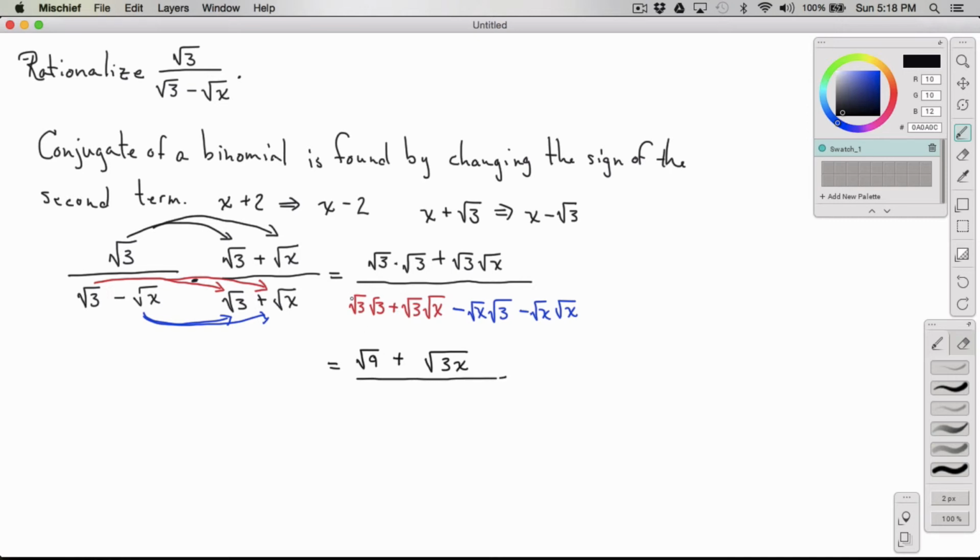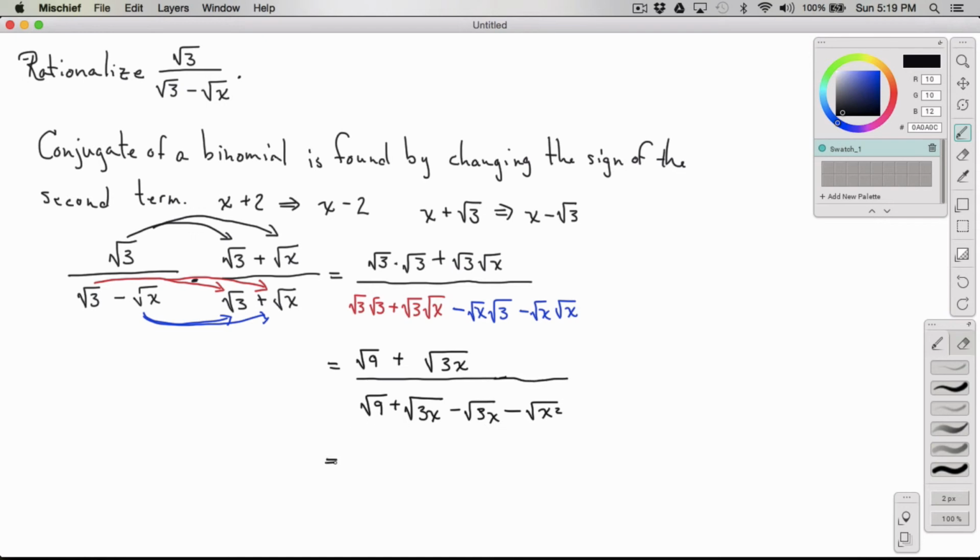Then in the denominator, the square root of 3 times the square root of 3 is going to be the square root of 9, plus the square root of 3 times the square root of x, which is the square root of 3x. And then I have minus the square root of x times the square root of 3. That's going to be minus the square root of 3x. Minus the square root of x times the square root of x. That's going to give me the square root of x squared. And that's my denominator.